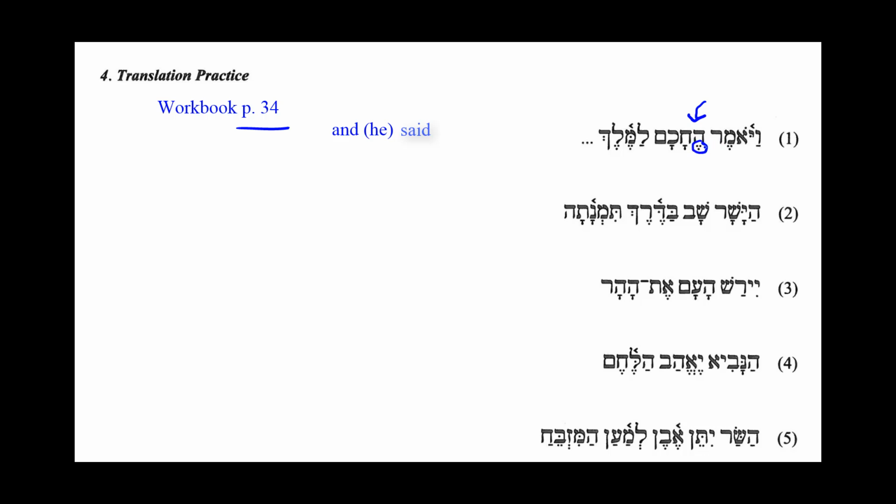So that is a definite article. The meaning doesn't change. The definite article is still the definite article. It still means "the." Our word here, hakam, means a wise man. And then we have the wise man.